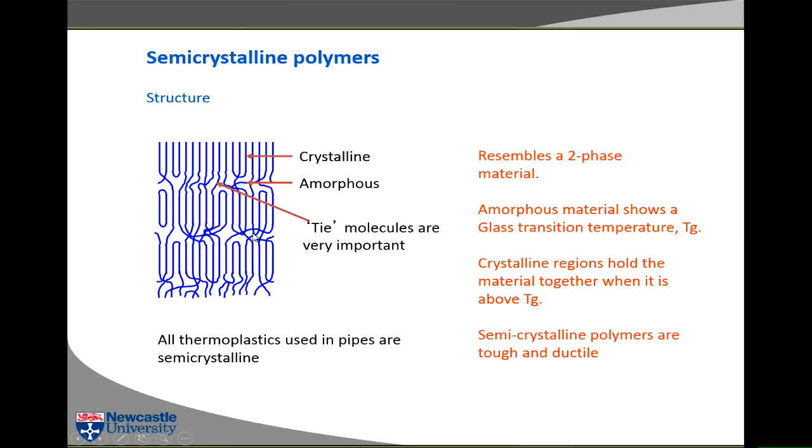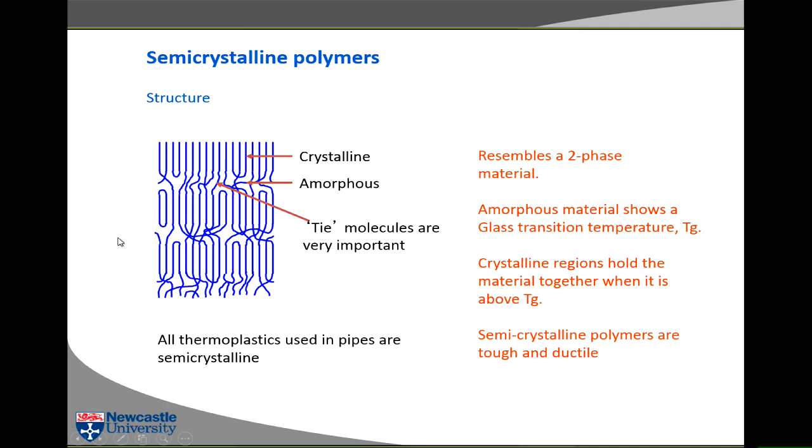If you use low-angle X-rays, which you may not have come across before, low-angle X-rays will identify... You see here, you have crystalline region, amorphous region, crystalline region, amorphous region. You have this sandwich structure of different regions, and the amorphous region has a lower density than the crystalline region. So this structure will scatter low-angle X-rays.